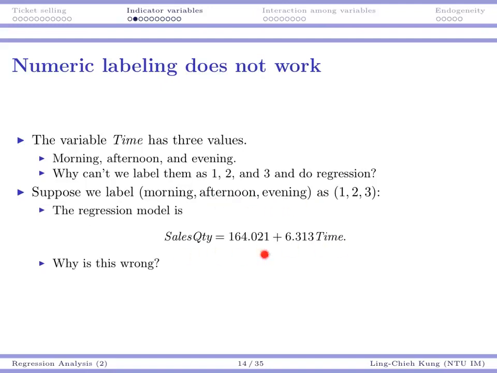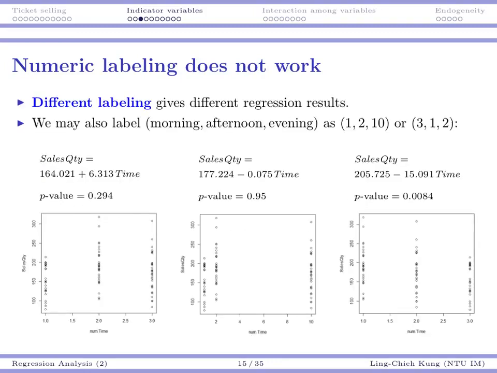So why is this equation wrong? The answer is that if we choose different labeling, we will get different regression results. Previously, we labeled them as 1, 2, 3, but no one says we should do that, right? We may label them as 1, 2, 10 or 3, 1, 2. There is no rule for us to decide how to label the three values.